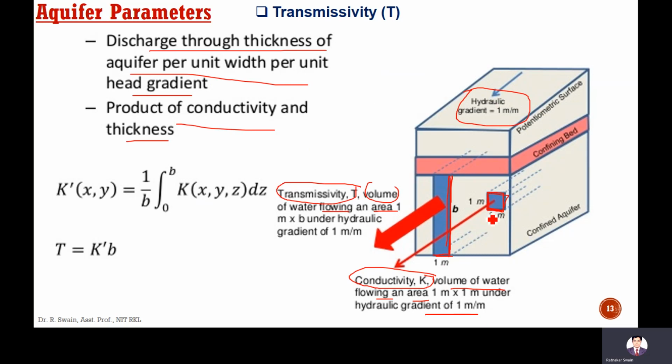So for 1 meter it is K, and for B meters it is B into K. So transmissivity is K into B, where K is permeability or hydraulic conductivity, multiplied by thickness. It means the discharge flowing in the entire thickness per unit width under unit hydraulic gradient. The discharge through the thickness of the aquifer per unit width per unit hydraulic gradient is called transmissivity.